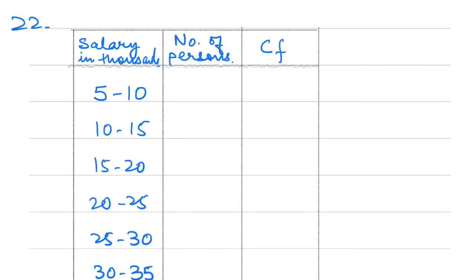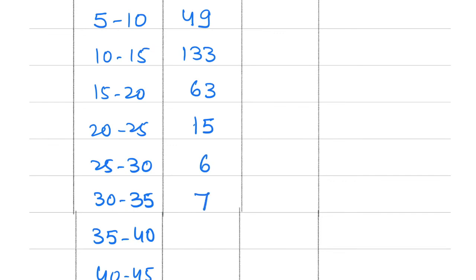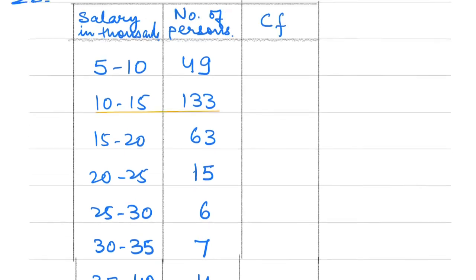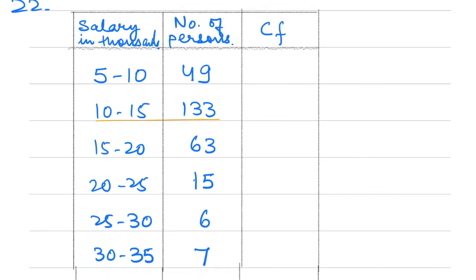The frequencies are given as 49, 133, then 63, 15, 6, 7, 4, 2, 1. Now let's find out the cumulative frequencies.